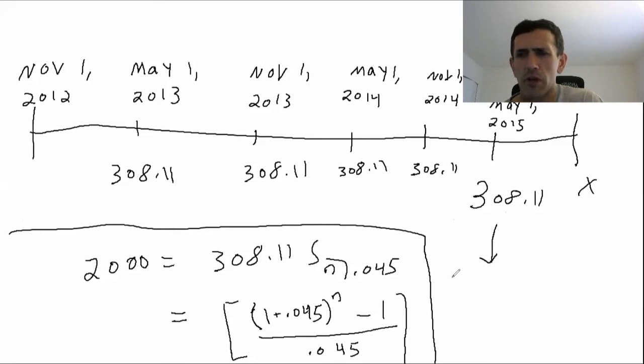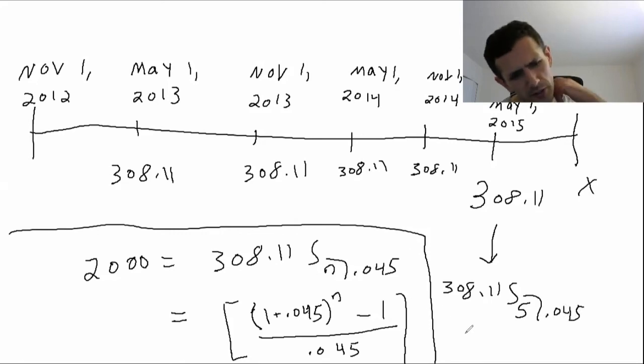It's just going to be plug into our formula. It's 308.11 s angle 5 at 0.045.